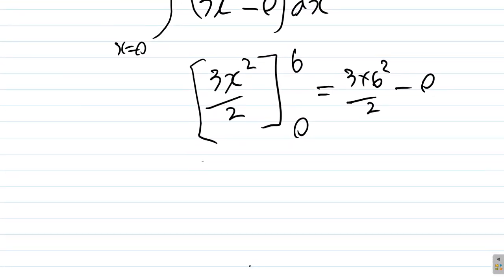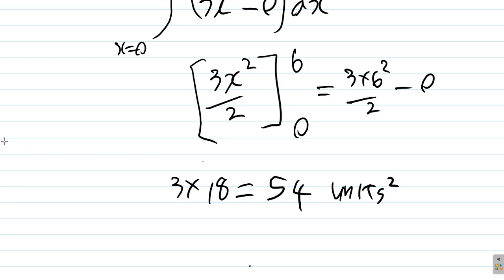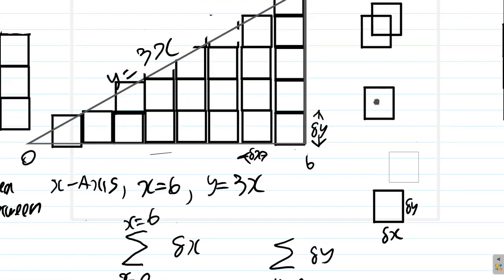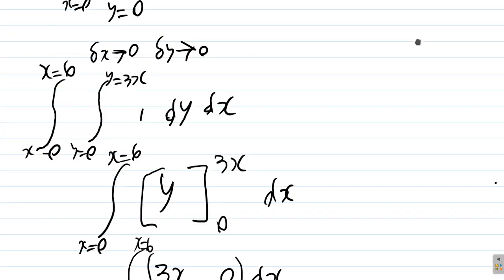So 3 times 6 squared over 2 is going to be 3 times 36, and then half of 36 is 18. 3 times 18 is what? 3 times 8 is 24, bring down the 4. Carry 2, 3 times 1 is 3, plus 2 is 5. 54 units squared. Alright? Same thing as with the half base times height.